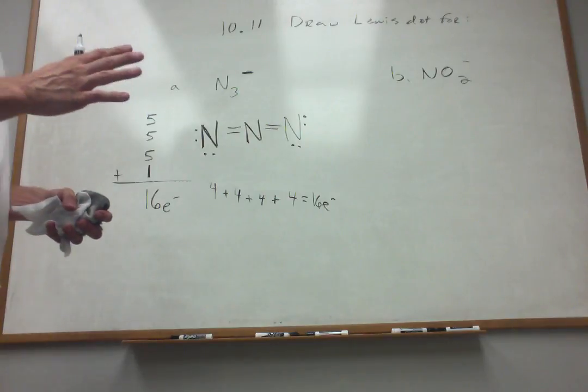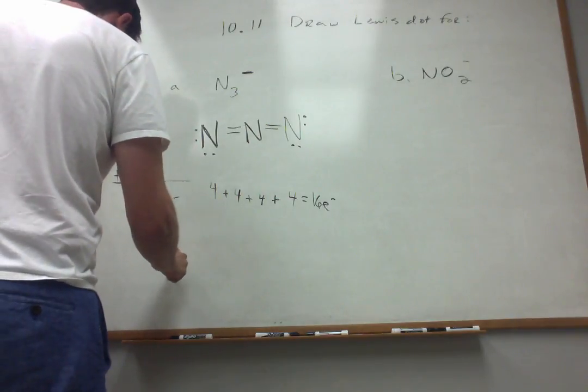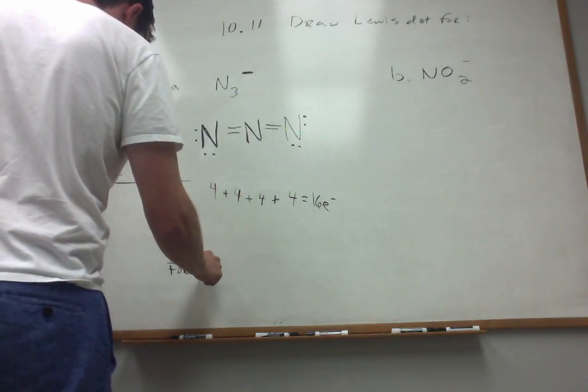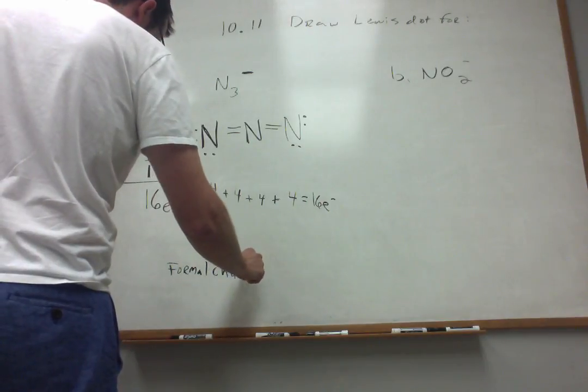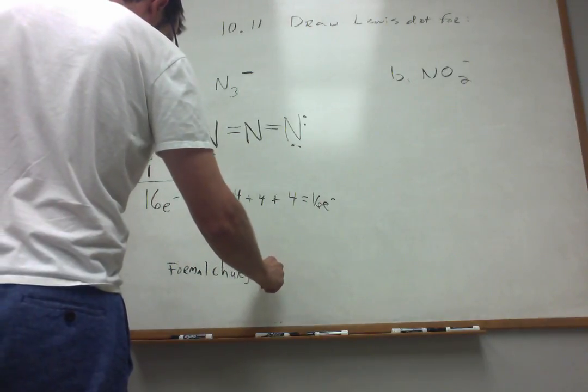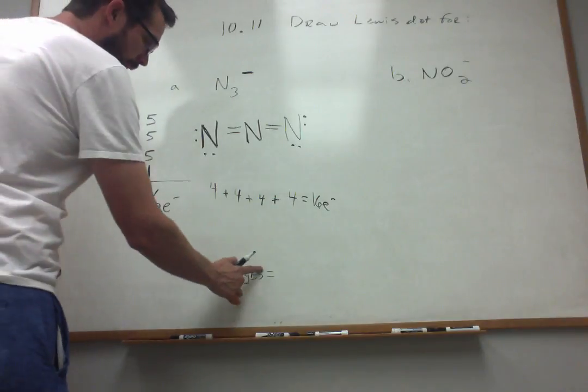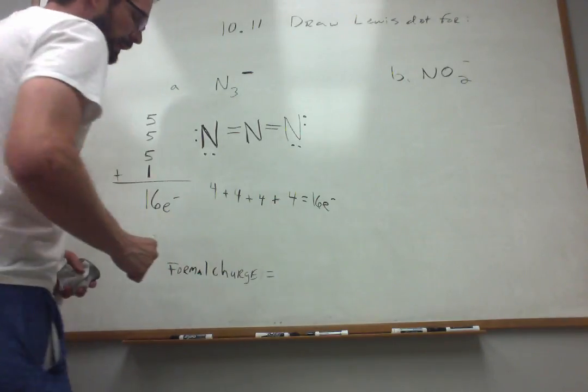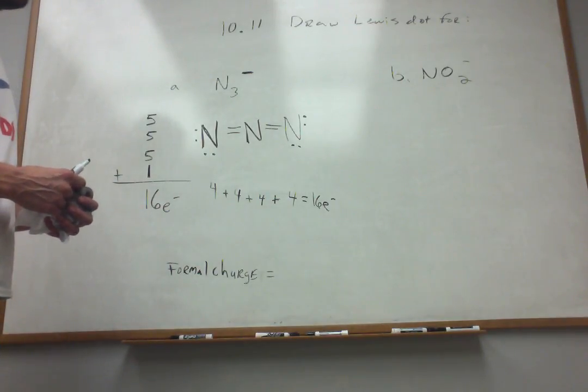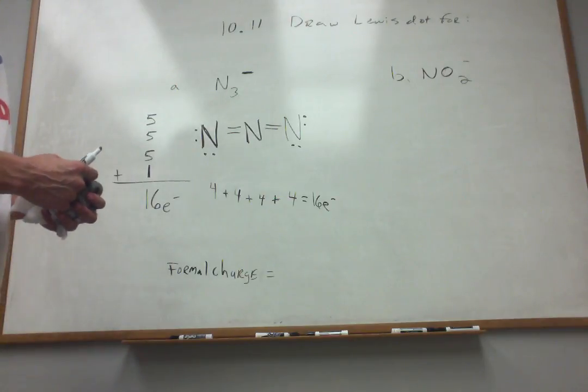Assigning formal charges. This is again something that we want to learn how to do. Some of the other videos have talked about this briefly, and I just wanted to review the concept again, because formal charges ultimately allow us to predict what might be the best Lewis structure.